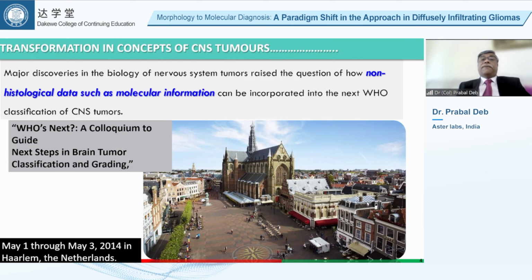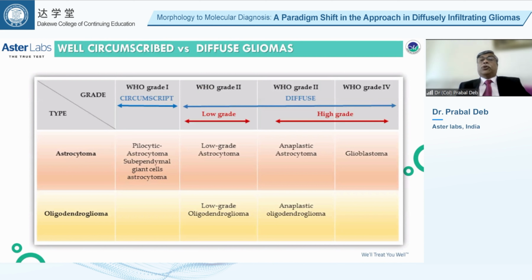There have been major discoveries in the biology of the nervous system, which raise the question of incorporating non-histological data such as molecular information. And that is the meeting at Haarlem, where they questioned this. They wanted to see how it can be incorporated into the current concepts.